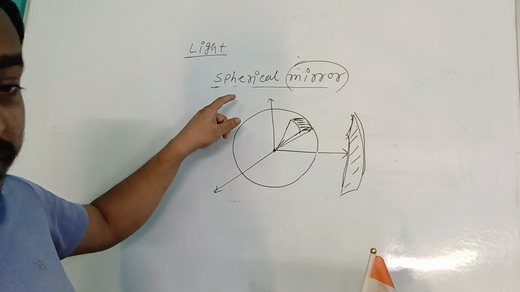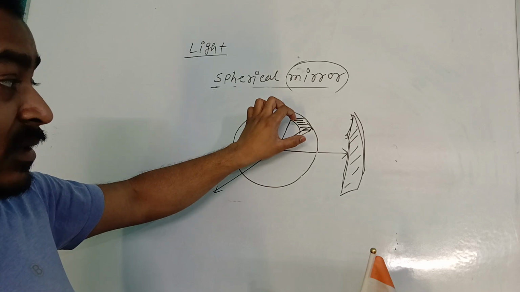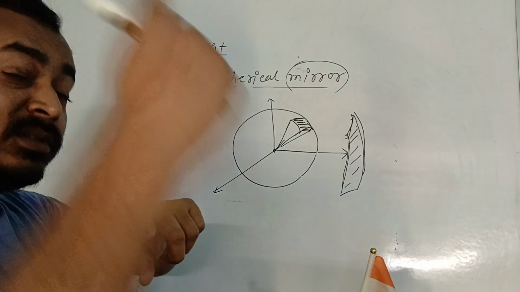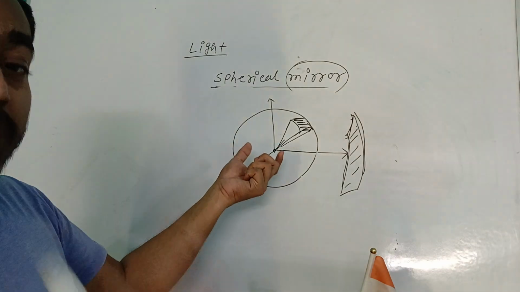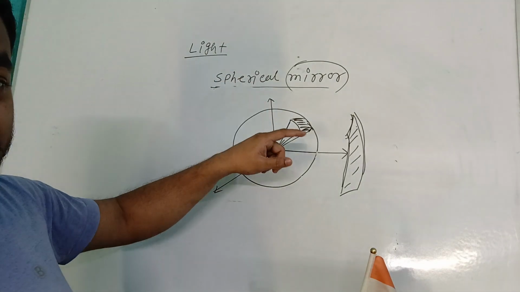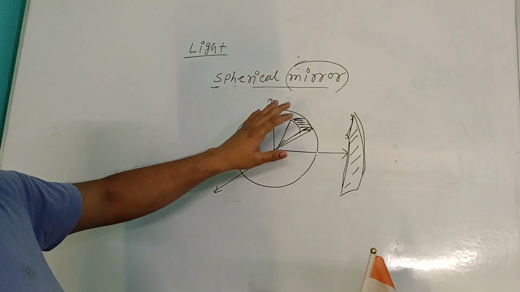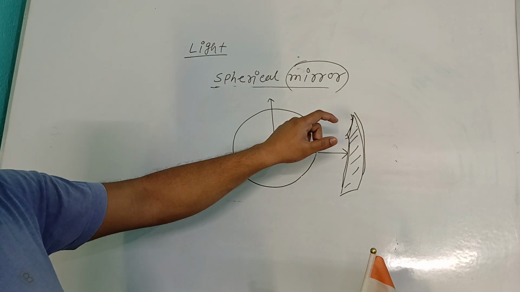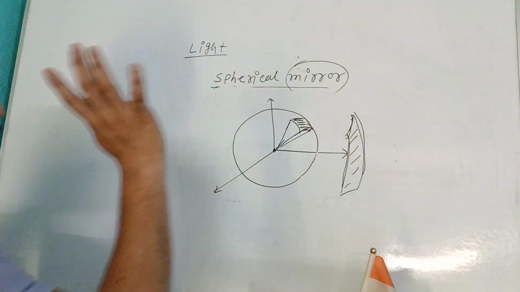So spherical mirrors are a part of some sphere, made up of glass. Is it clear? A spherical mirror is a part of a sphere.